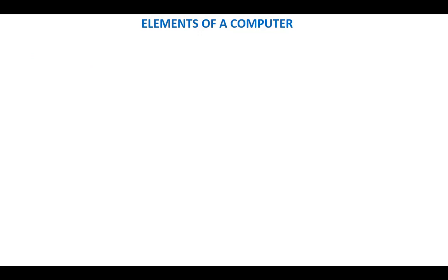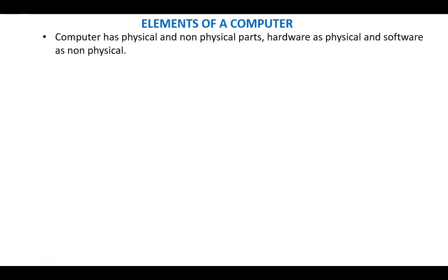All right, so let's quickly move on. The computer has physical and non-physical parts: the hardware as the physical and the software as the non-physical. The software is simply a set of instructions which, when put together, help the computer to execute a certain task.